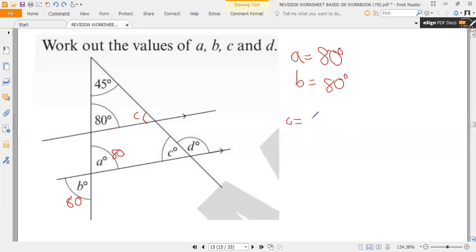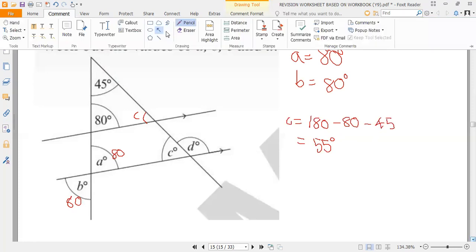C is 180, which is the total, minus 80 and minus 45. 180 minus 80 is 100. 100 minus 45 is 55. So let me write C here, which is 55.